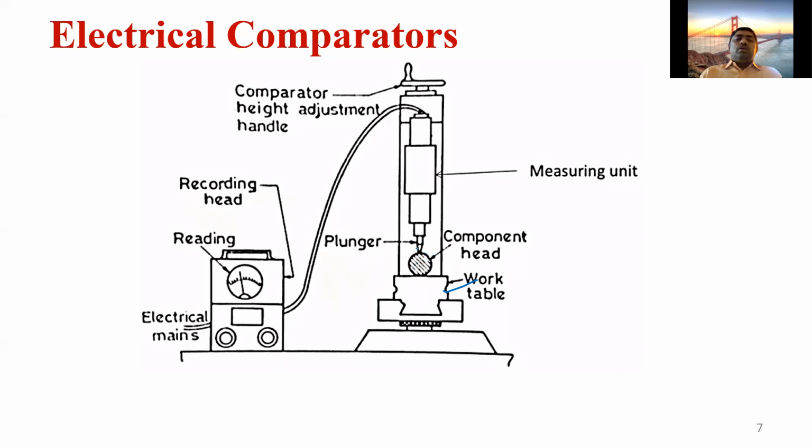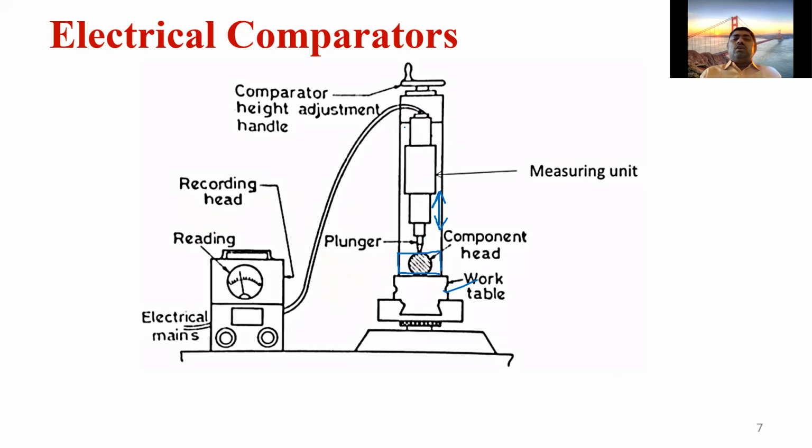The component is placed on the work table underneath the plunger. If the size of the component is more than or less than the limits, the plunger will move up or down depending upon the size of the component. So thereby it moves the armature either upward or downward.